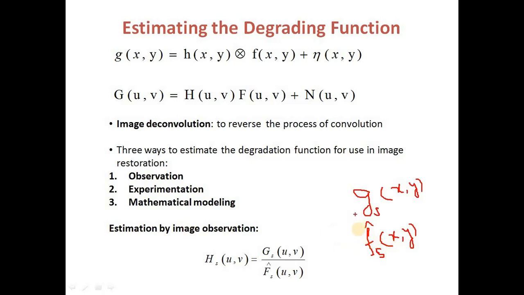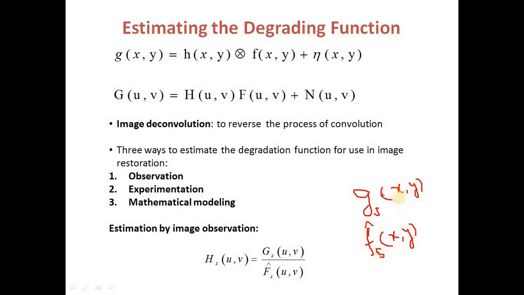So let the observed sub-image, the rectangular portion, be represented as small g subscript s of x comma y, and let the restored image, obtained by deblurring g s of x comma y, be what we get in our example.